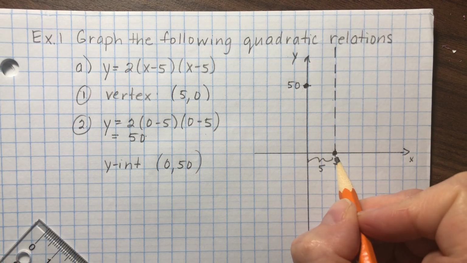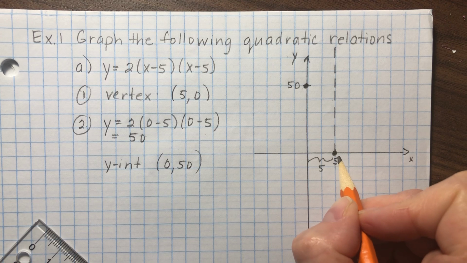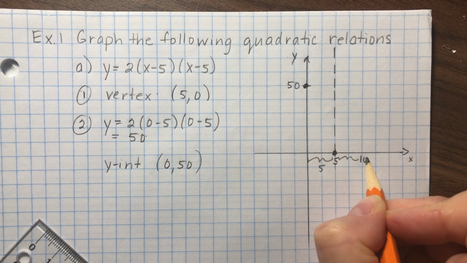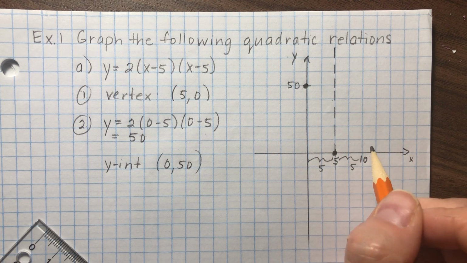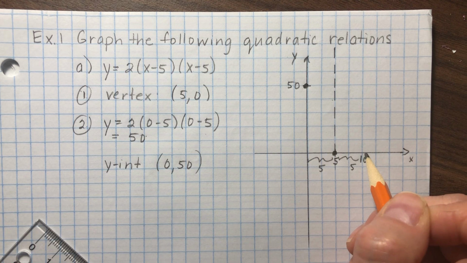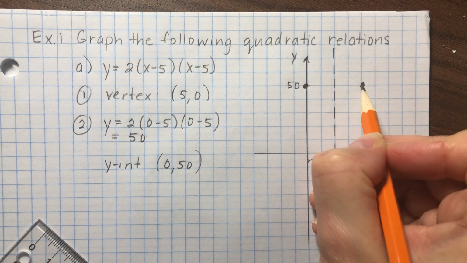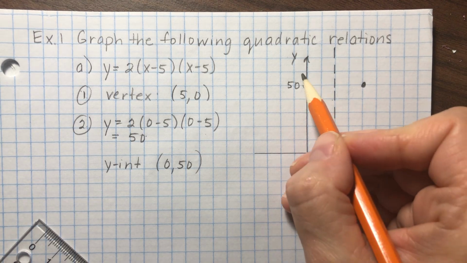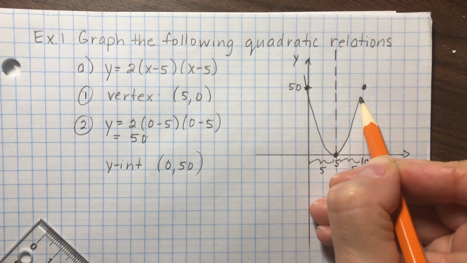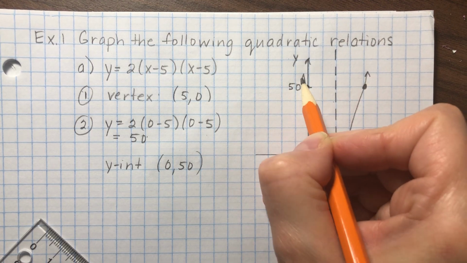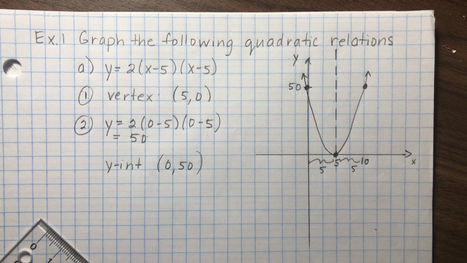So the point to the right of the axis of symmetry will be an additional 5 units away. That means it will have an x-coordinate of 10 and a y-coordinate of 50. And now I'm going to draw a parabola through those points. And that would be my final parabola.